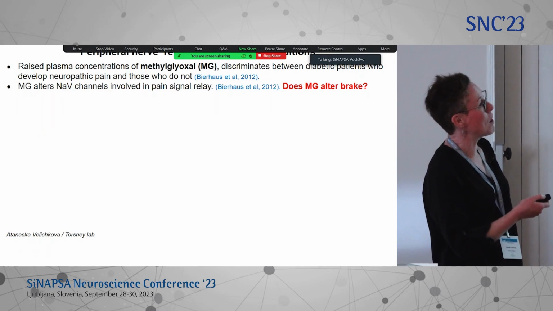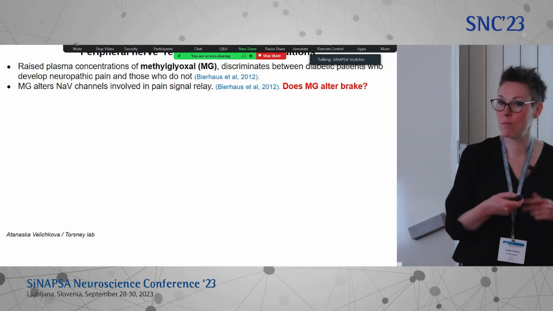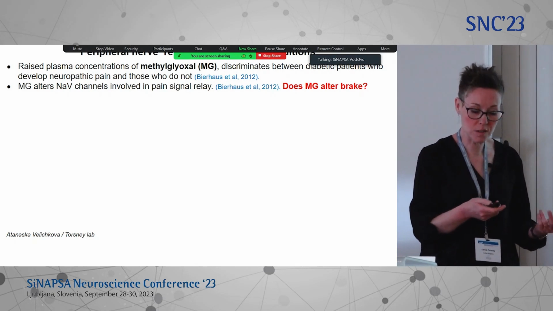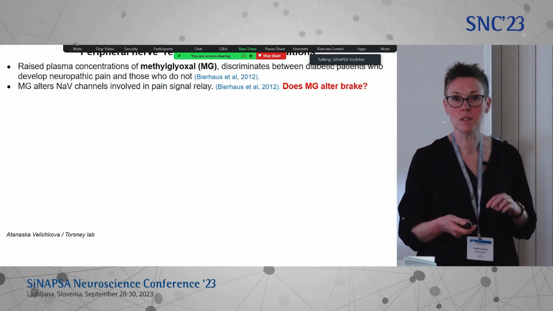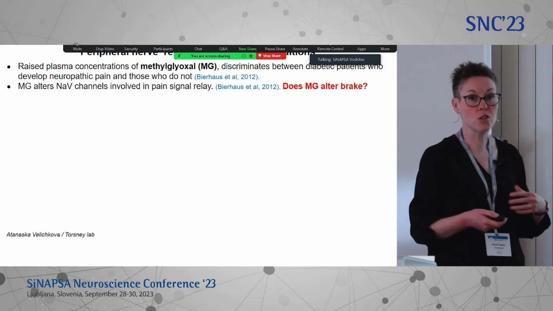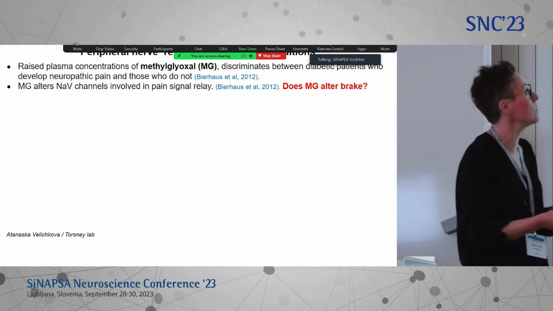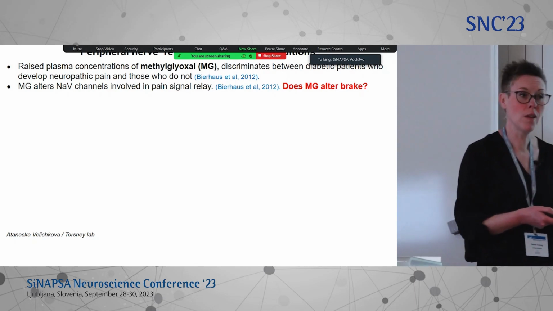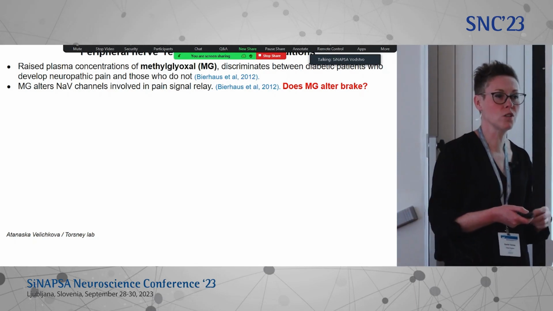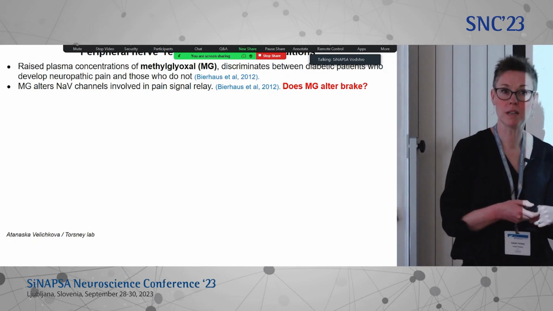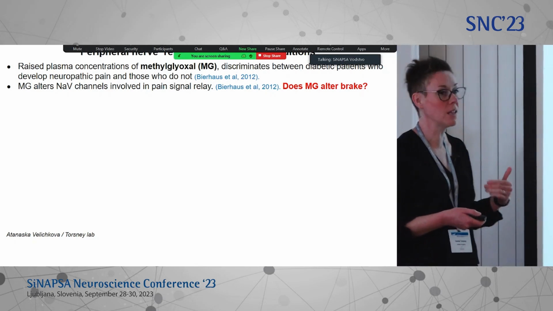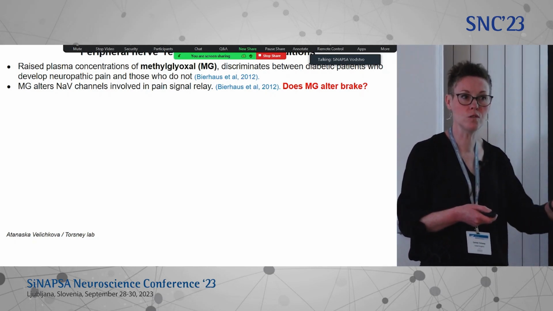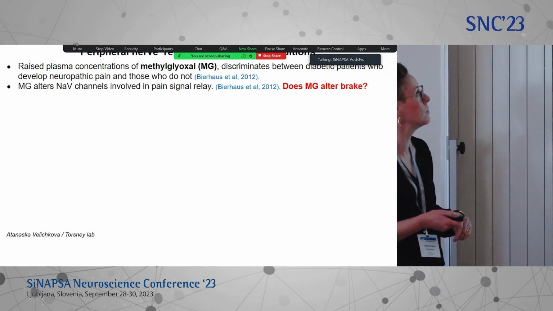So what about this pain break in the context of pain conditions? So we have looked at this in relation to diabetes-related nerve pain, and it has been shown that there are raised concentrations of the glycolytic metabolite methylglyoxal in the plasma of diabetic patients who go on to develop neuropathic pain.